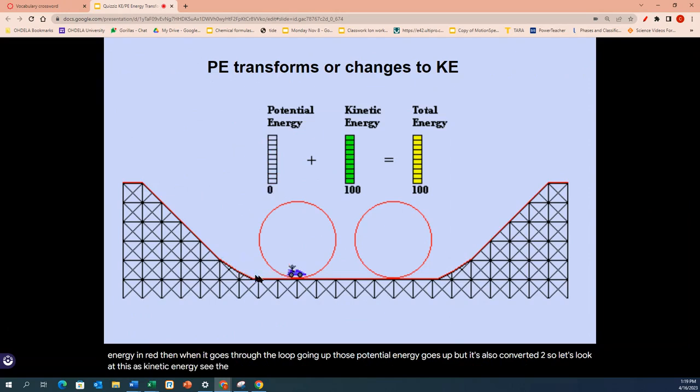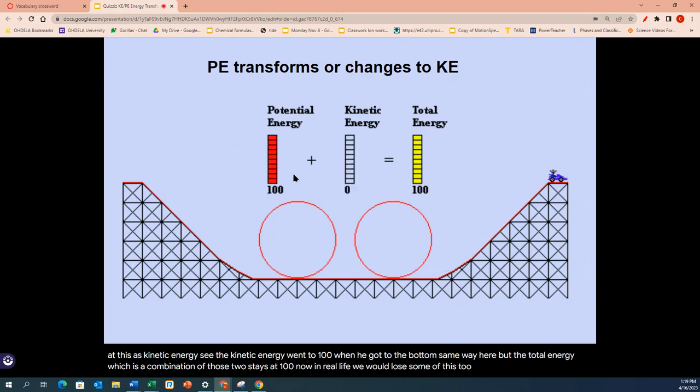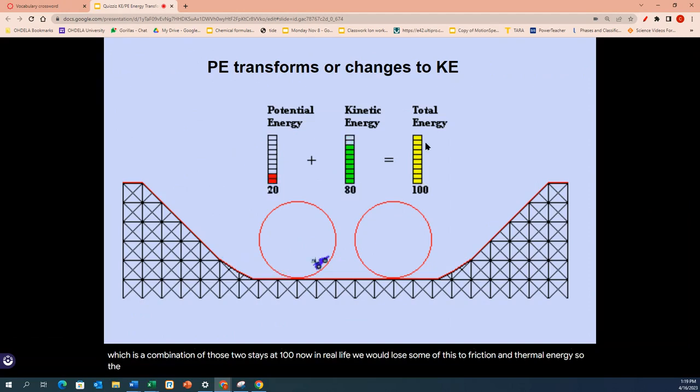You see the kinetic energy went to 100 when it got to the bottom. Same way here. But the total energy, a combination of those two, stays at 100. Now, in real life, we would lose some of this to friction and thermal energy. So the total energy would still be the same, but we'd have another bar here taking into account thermal energy.